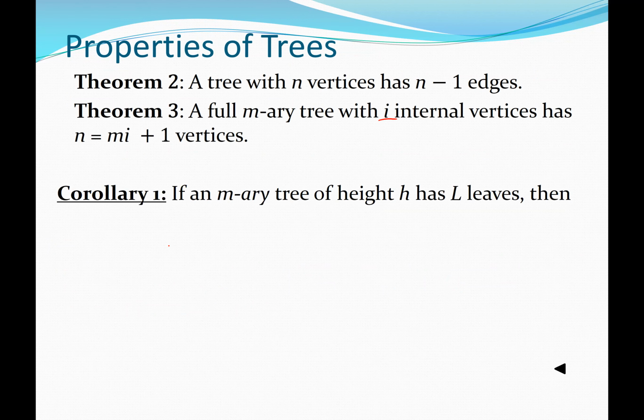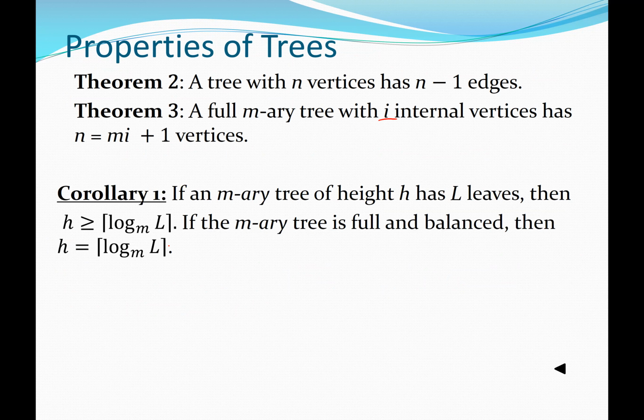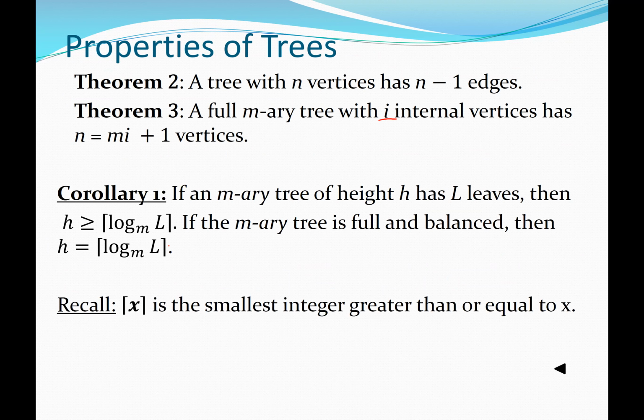All right, corollary one: if an m-ary tree of height h has l leaves, then the height will be bigger than or equal to the ceiling of log base m of l. So you might wonder, what is that, right? We call that the ceiling function. The ceiling of x is the smallest integer greater than or equal to x.